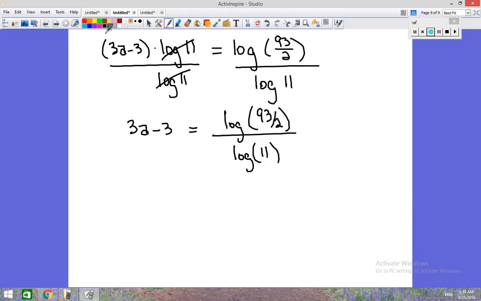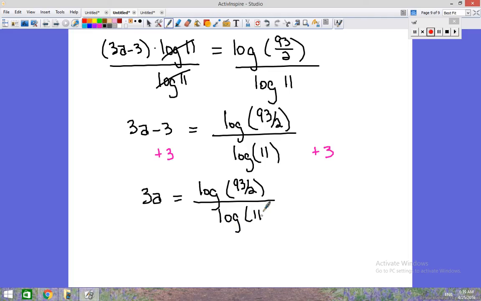Let's add 3 to each side. And we'll divide each side. This is multiplication. The inverse of multiplication is division. To cancel that 3, we'll divide both sides by 3. So we've got this entire complicated expression that's being divided by 3.